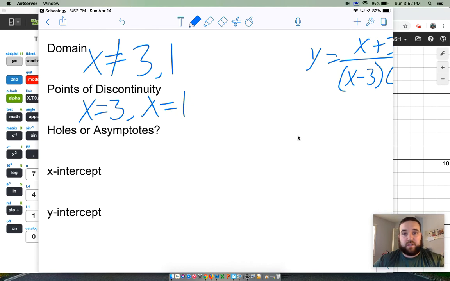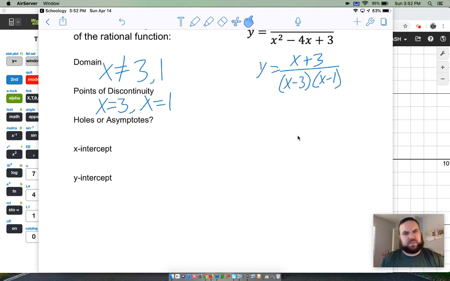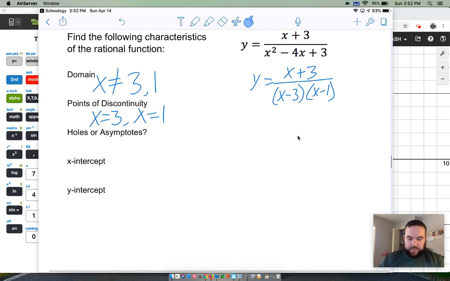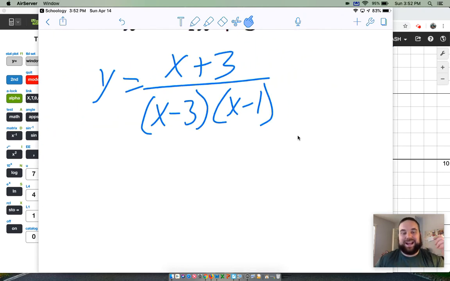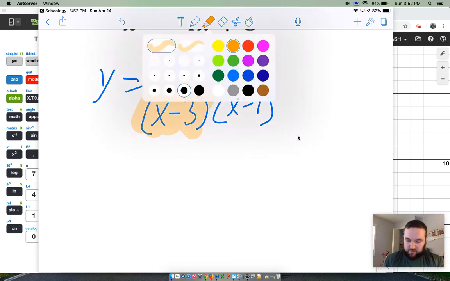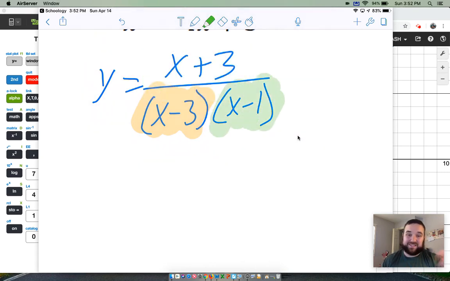And for what we're studying, it will always be either a hole in the graph or an asymptote, specifically a vertical asymptote. If we look at this now, can I remove either one of the discontinuities on the bottom? Can I remove either x minus 3 or x minus 1? And by remove, I essentially mean, can I cancel either one out?